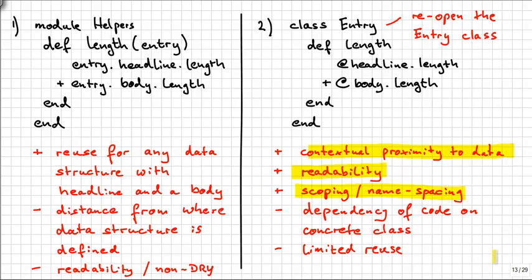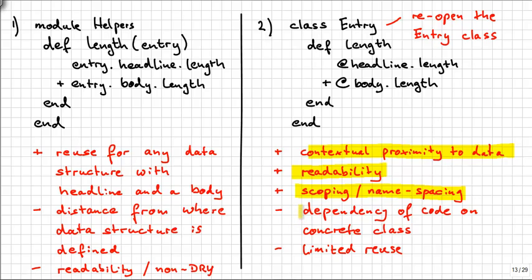We also gain scoping or namespacing because we can define length methods in any class we want. They never clash in their names. Whereas if we need multiple helper methods with the same name length, we would have to either put them into different modules or fiddle with their name to make them unique.